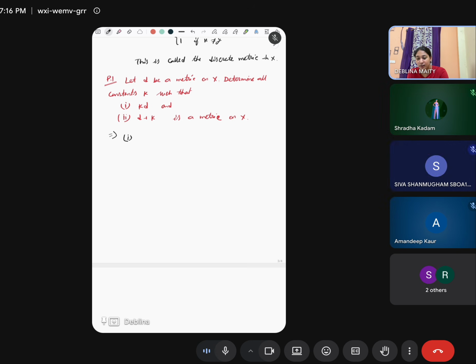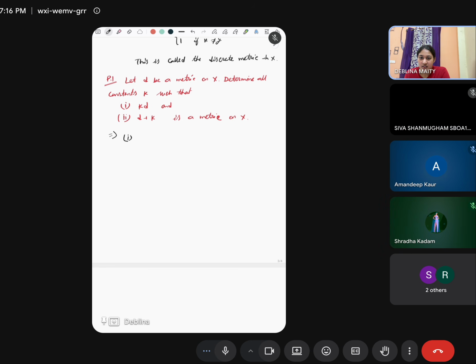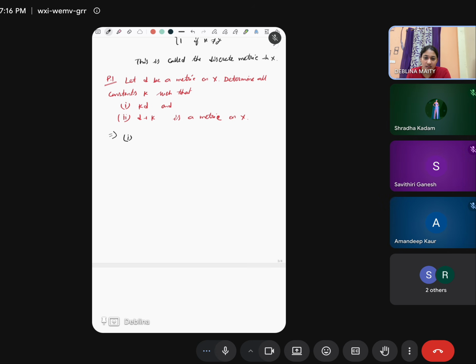So what is the value of k for the first one? Anyone? Just use the properties.